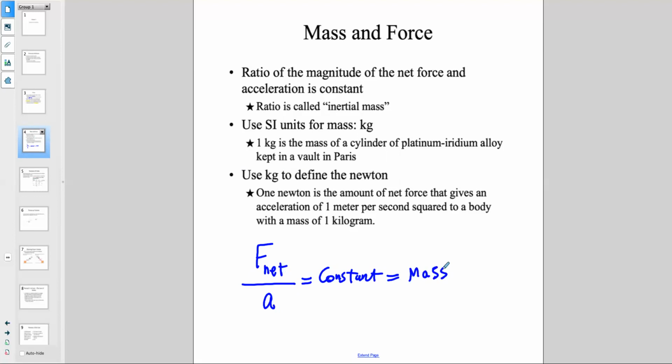The unit of mass is kilogram. It's not gram, it's not pound, it is kilogram. 1 kilogram is the mass of the cylinder of platinum iridium alloy kept in the vault in Paris, okay?